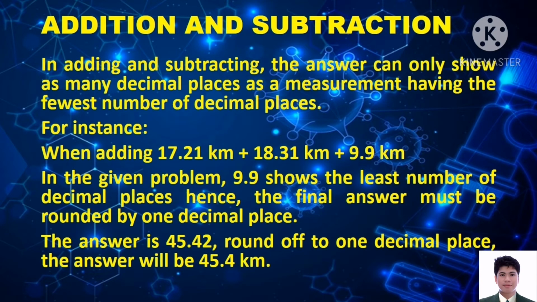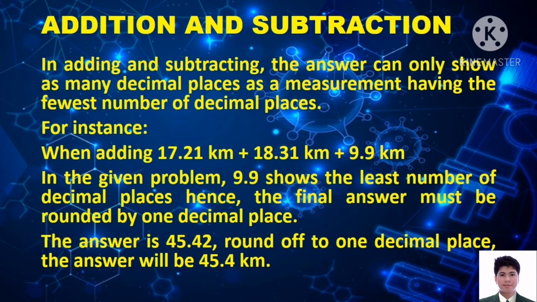Learners, moving on now to addition and subtraction. In adding and subtracting, the answer can only show as many decimal places as the measurement having the fewest number of decimal places.